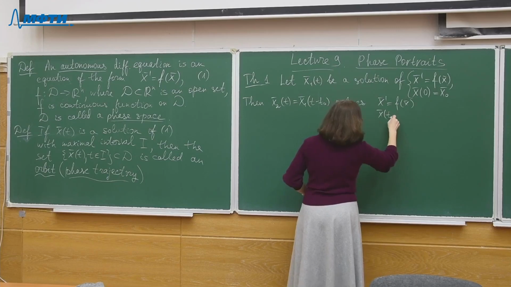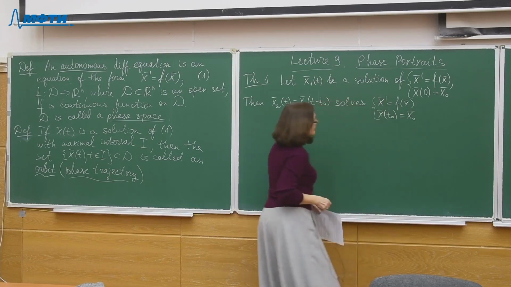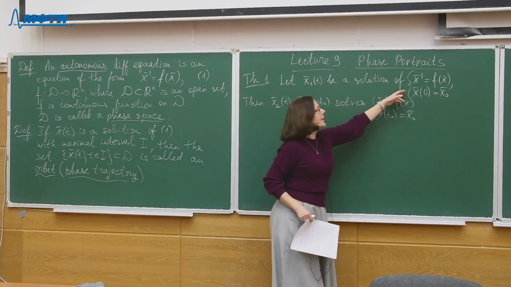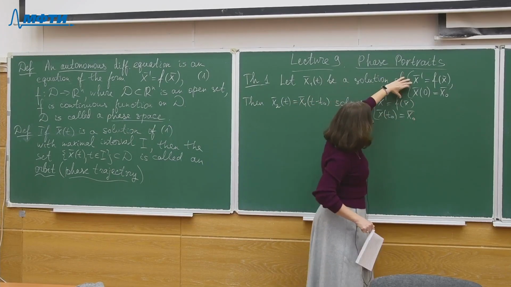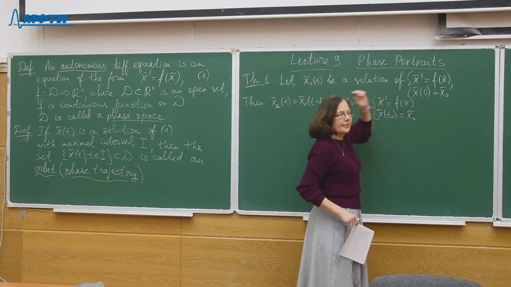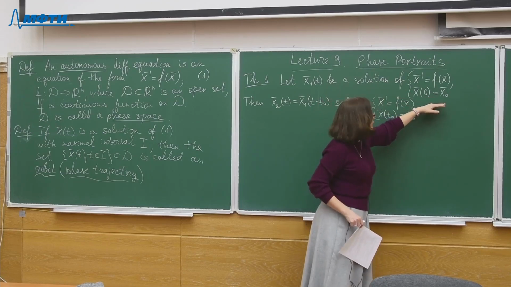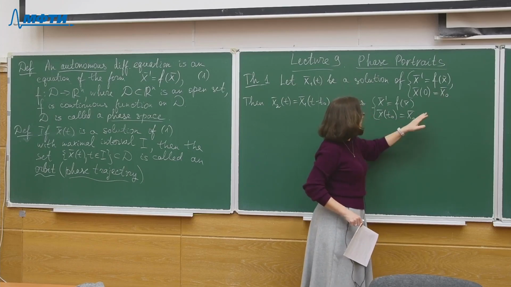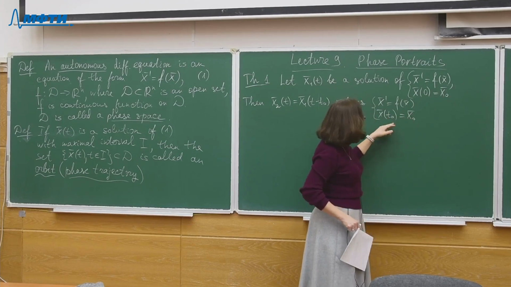X of t0 equals x0. So if we compare these two equations, we can see that the equations are the same, and the initial values, x0, are the same here, but the starting time, the beginning of our motion, is different.